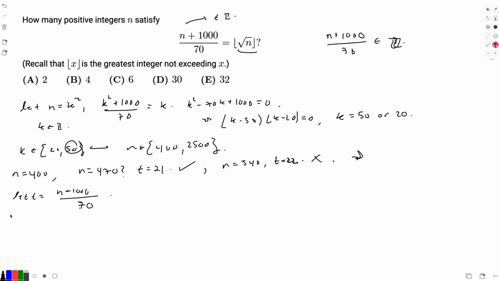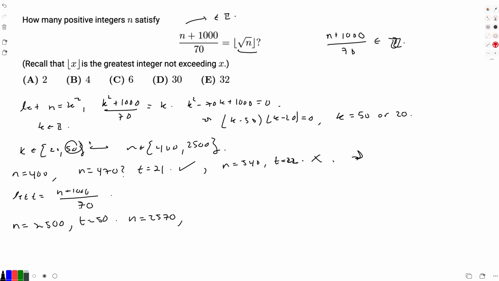So let's move on to n equal to 2500, where we'll find the other solutions, if any. When n is equal to 2500, t is equal to 50. That's obviously a solution. Let's move up one, 2570.